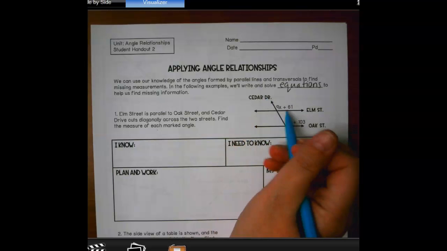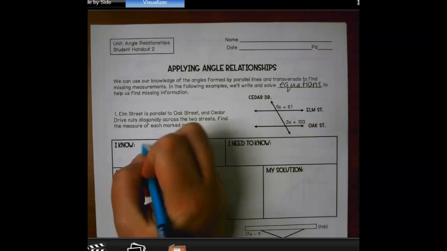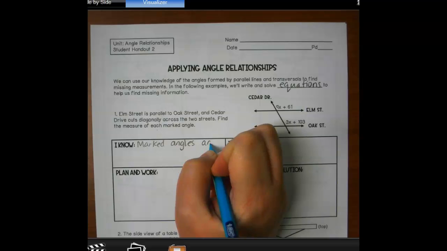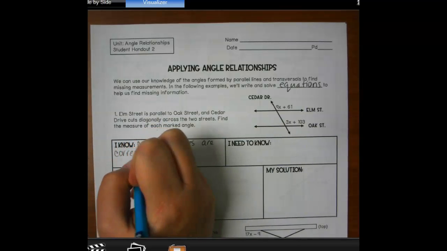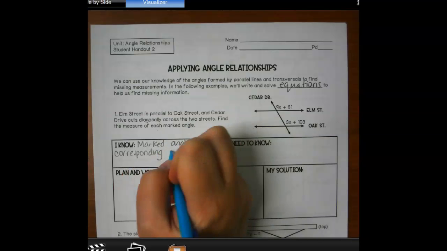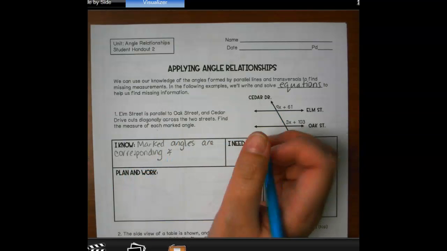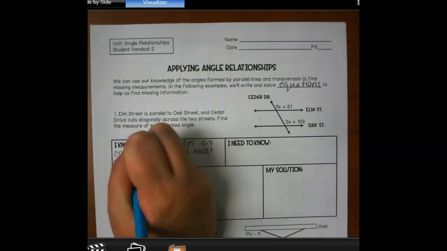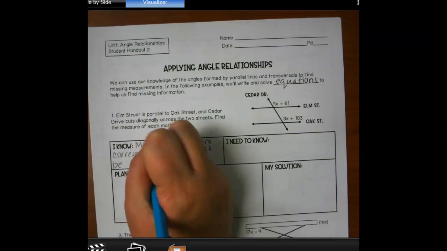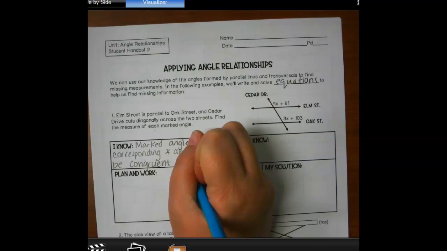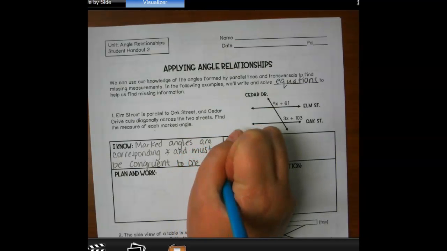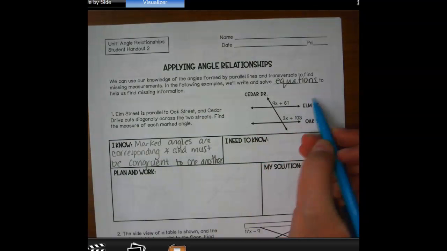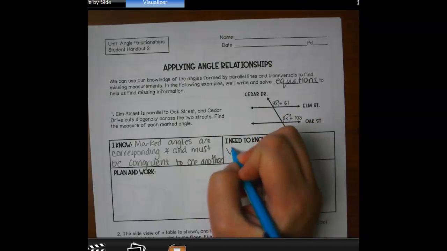I know that the marked angles are corresponding angles, and must be congruent, or the same to one another. What you're wanting to find is the value of x.